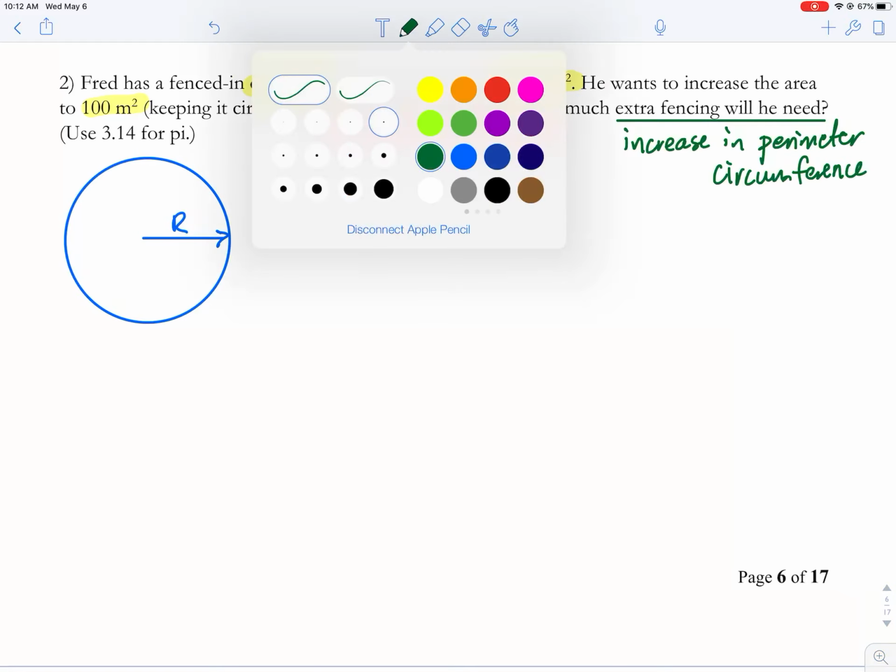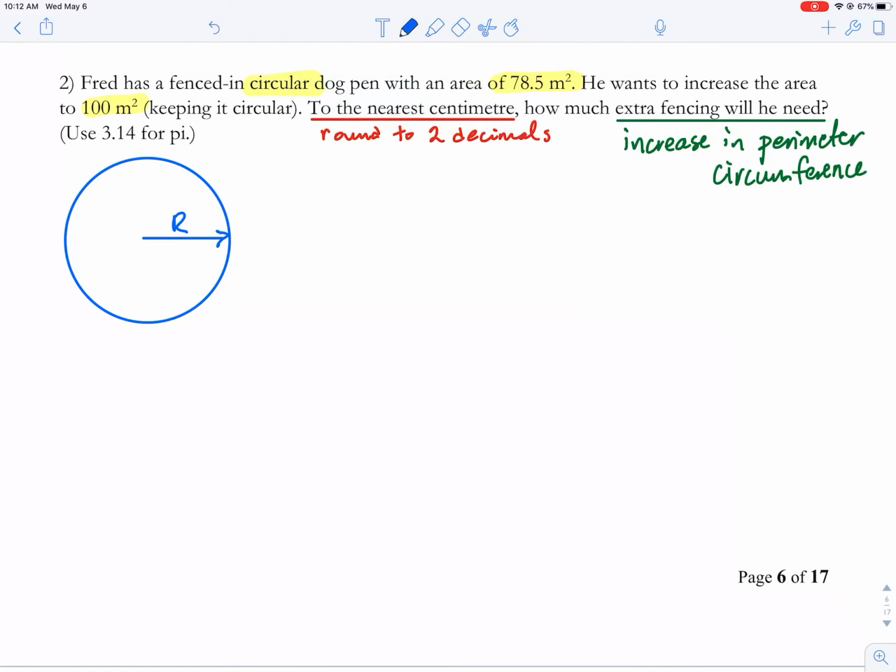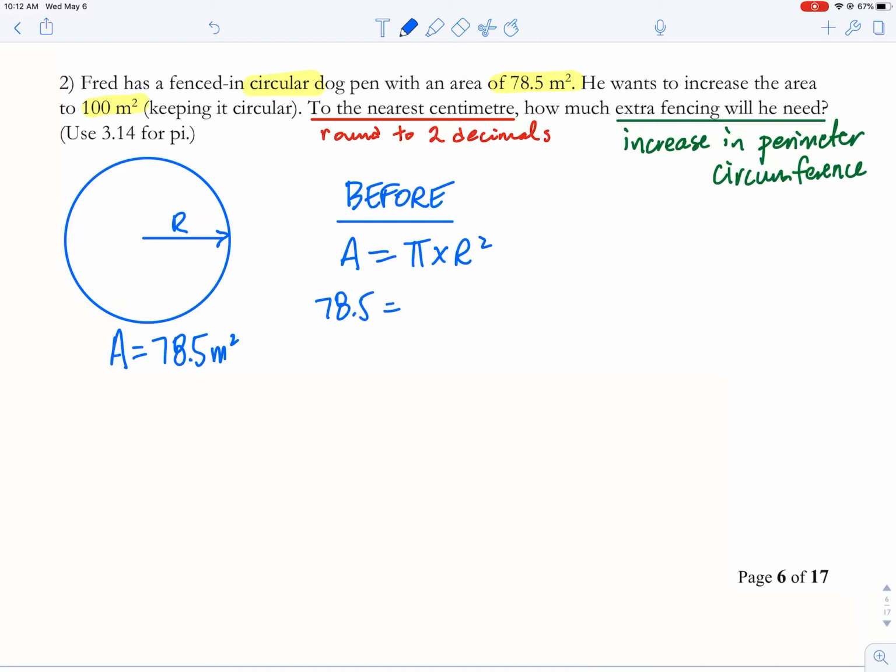Okay, what do we know? We know we have a circle, radius r, because we don't know what the radius was, but we know that the area was 78.5 meters squared. So if we're looking at the before, like our starting position, we know that area equals pi times r squared, but we know that the area is 78.5.